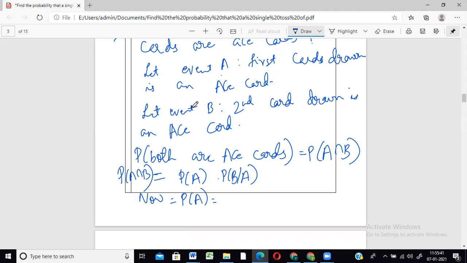So we are going to pick up 4 ace cards from how many total cards? From a total of 52 cards. These types of probability we have already done. The answer is 4 by 52, and on reducing this you get 1 by 13. If you still have a problem with how we got this 4 by 52, you can go through the previous videos. This is actually on combination.